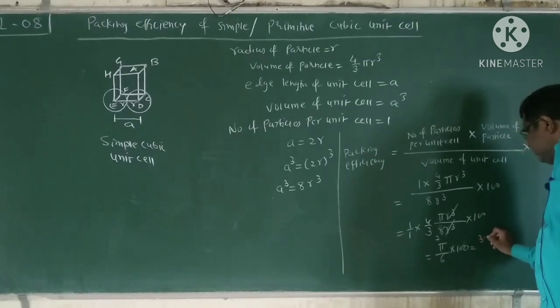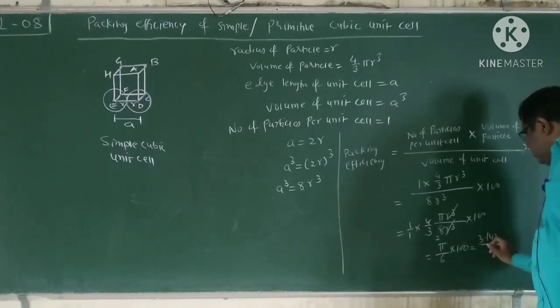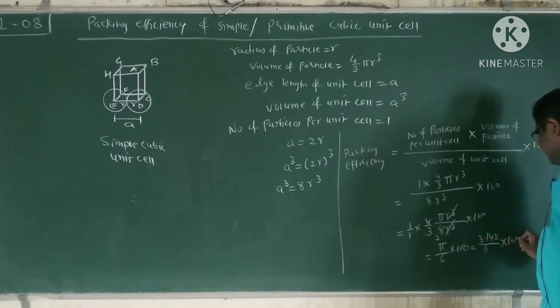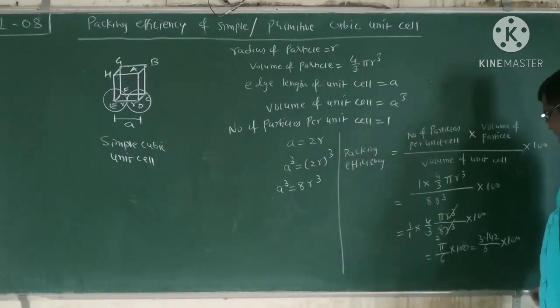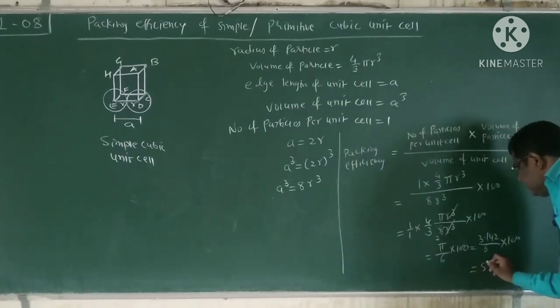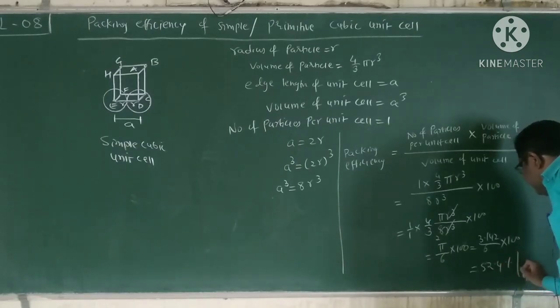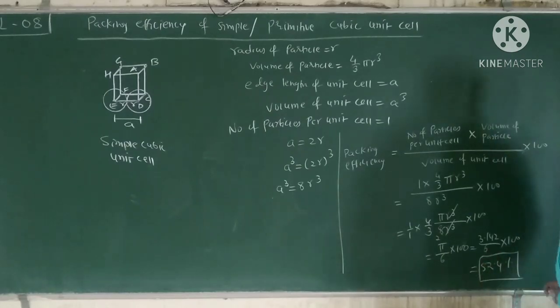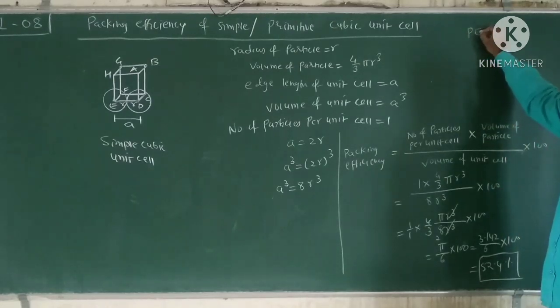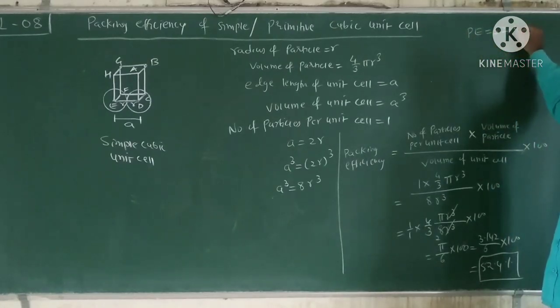Pi is 3.142 divided by 6 into 100, and that equals 52.4%. That is the packing efficiency. So packing efficiency is 52.4%.